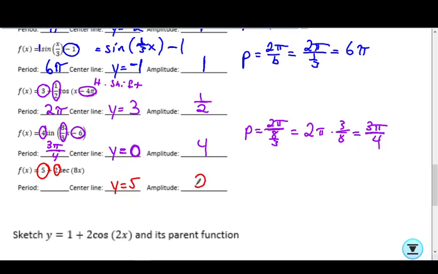So my amplitude is 2. And this 8 right here, that's my change in period. So period equals 2 pi over 8, which reduces down to pi over 4. So this is a horizontal compression.